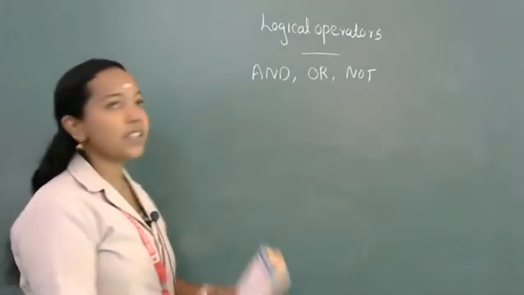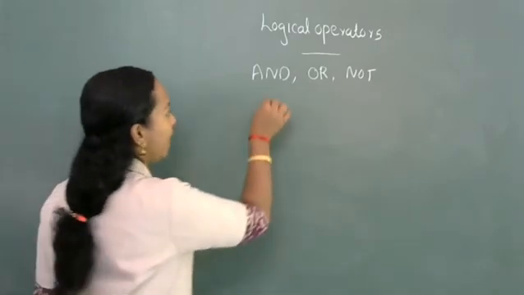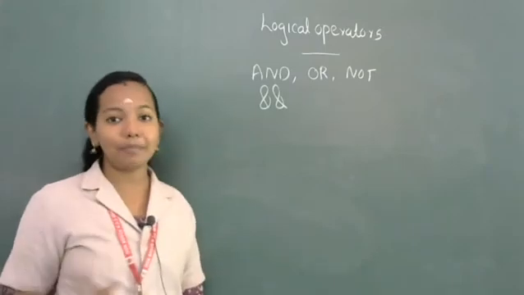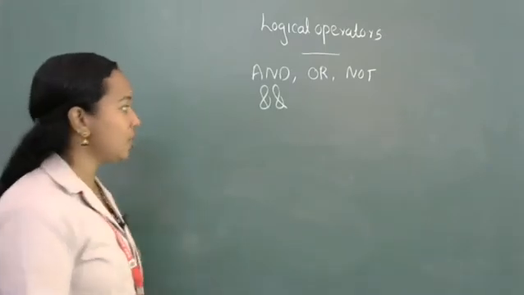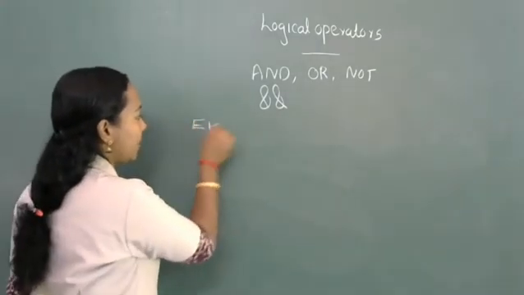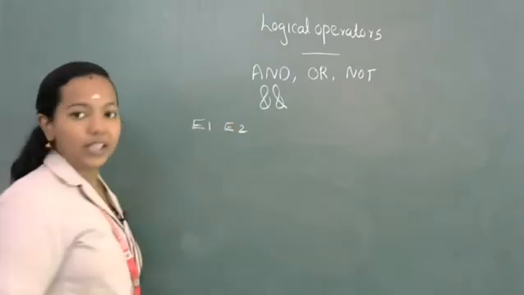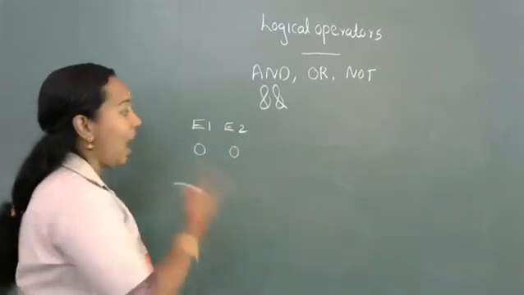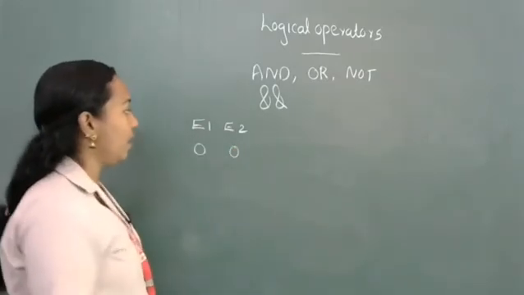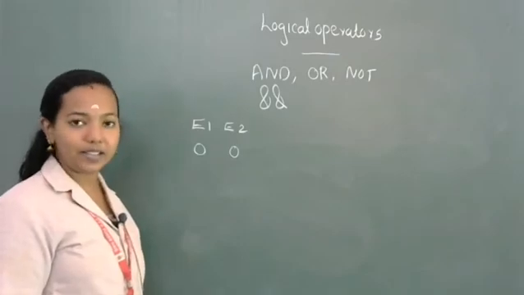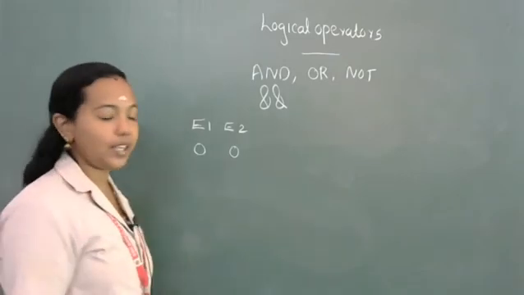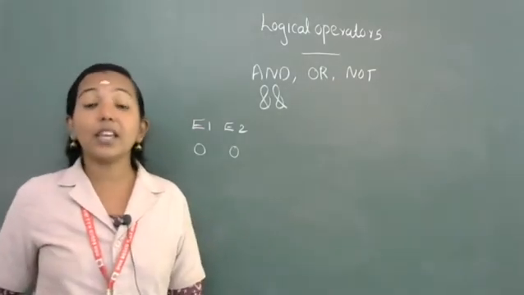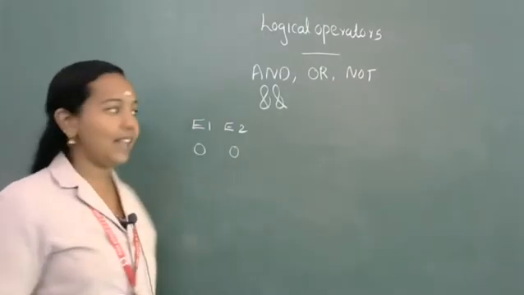For representing the AND operation, we use the double ampersand symbol. Which symbol do we use? Double ampersand symbol. Here two values are present, E1 and E2. E1 is 0, E2 is 0. After the AND operation, 0 into 0, what will be the answer? 0 into 0 is 0. That means if you multiply any number with 0, we get 0 as the result.